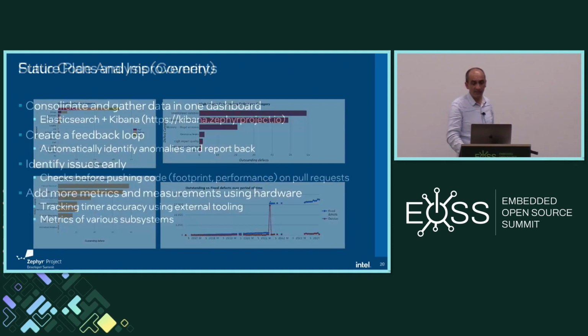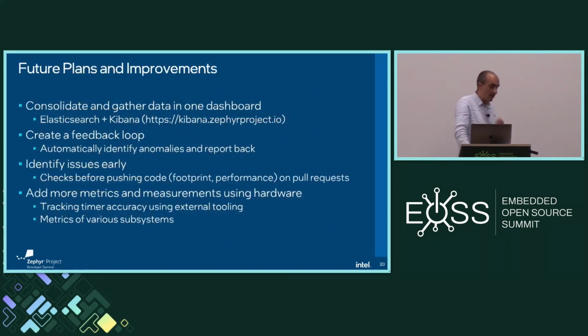So there are many places where we actually can collect data. But that's not great because this is all over the place. And we are trying to consolidate and gather all the data in one dashboard or one place. Ideally, this would be Kibana, Zephyr which is our Elasticsearch instance.